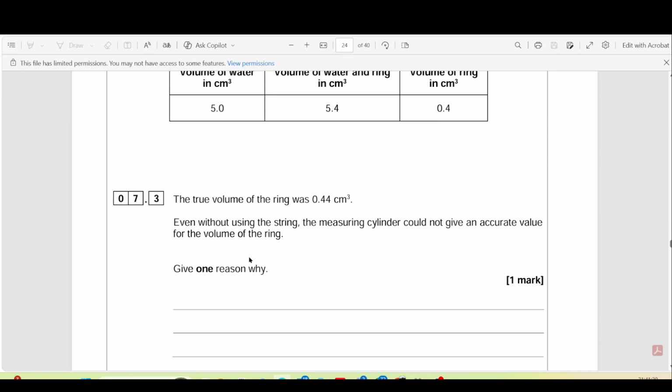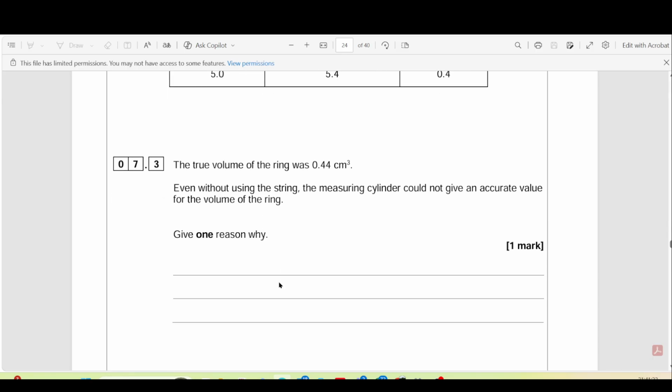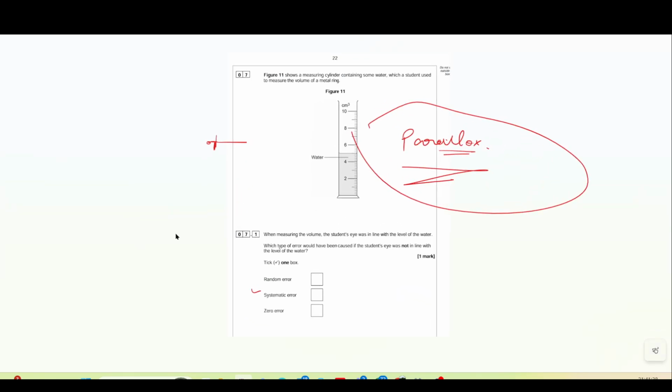Why is the measuring cylinder not giving the correct one? Because it's not measuring the volume. Is it? Actually, measuring cylinders have low resolution.